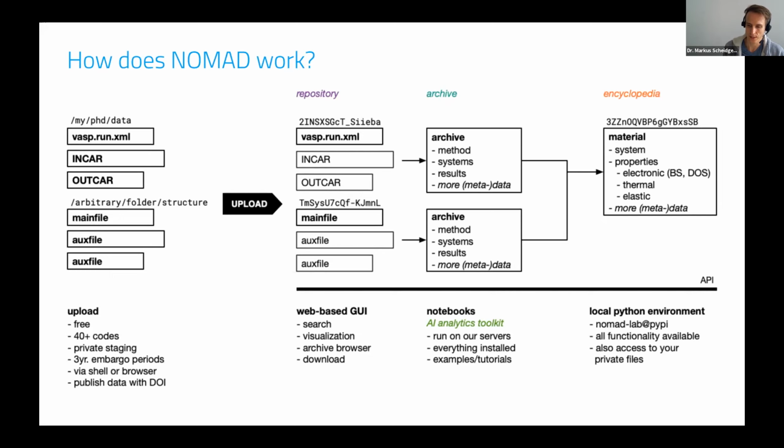So our parsers basically try to take these vastly different files, right? If you look at a VASP output file and a FHI-aims output file and an output file from any other code, they look vastly different. Very often they are not even machine readable, they're just ASCII files that report lots and lots of numbers. And in order to make them useful for your analysis, you have to parse them by some method to get to the individual numbers.